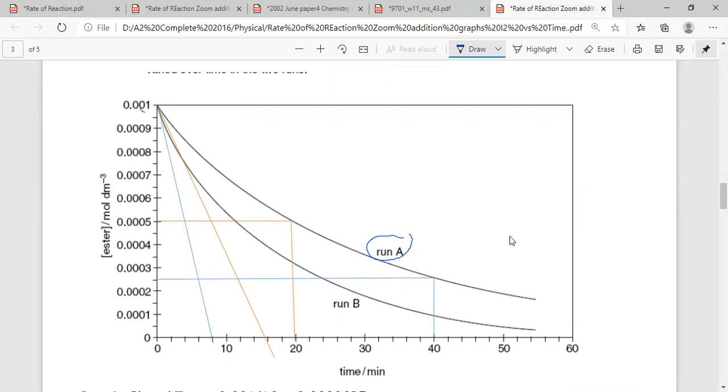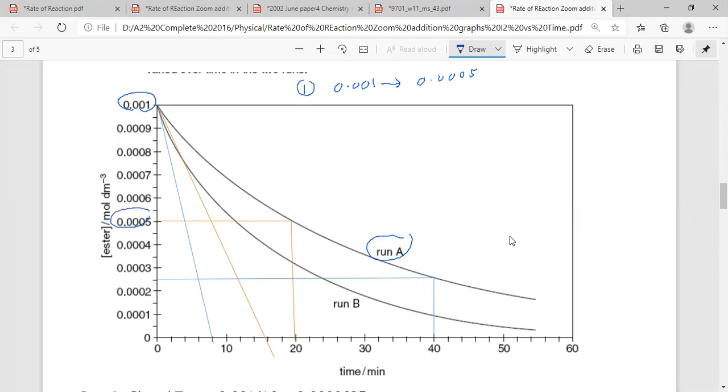So this is my original, the first half-life. The concentration is 0.001. To find the half-life, from here, that means for it to decrease until half, 0.0005.